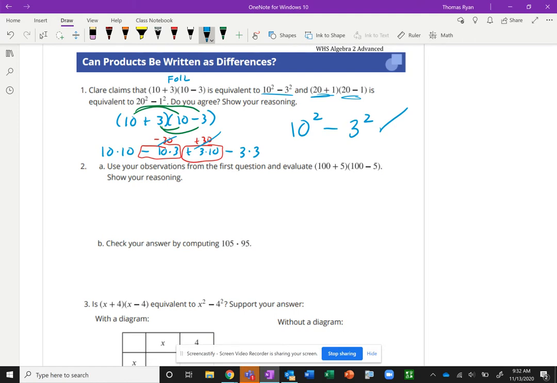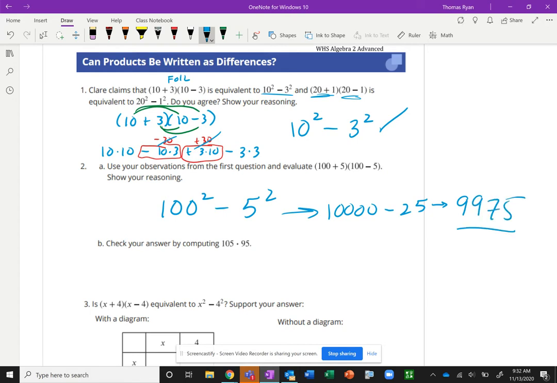Well, what did we say? We said we'll take the one value and square it, and we'll subtract the other value and that squared. So it should be 100 squared minus 5 squared. Which 100 squared is, tack on 2 more zeros, so 10,000 minus 25. So it should be what?